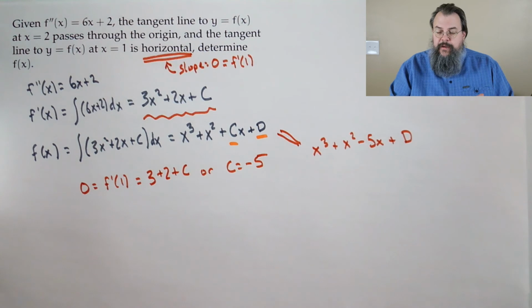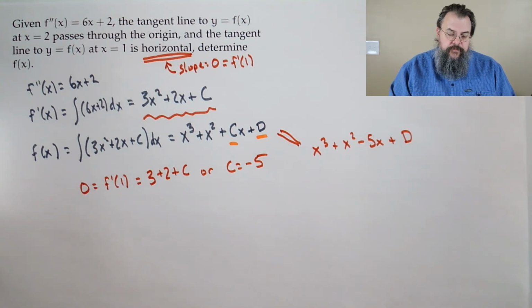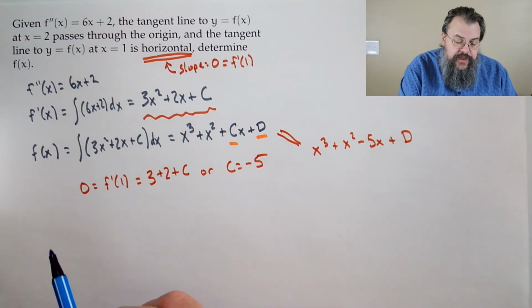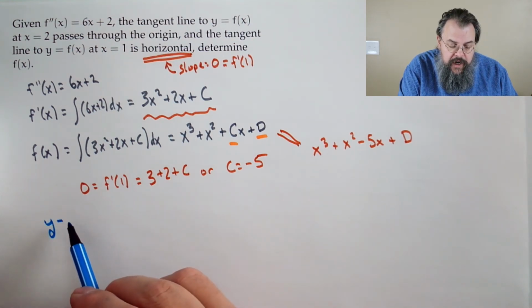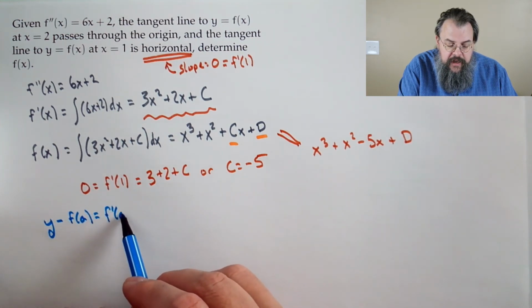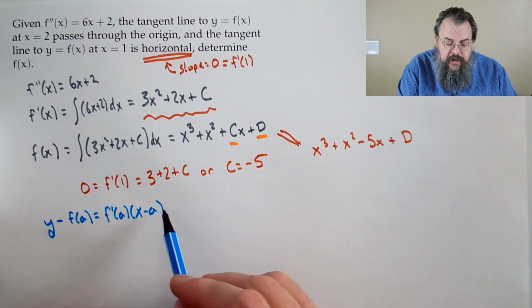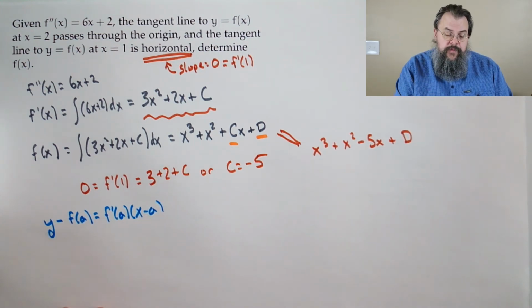Well, let's talk about our tangent line. What would that be? In general, our tangent line has the following form. So y minus f of a equals f prime of a times x minus a. So this is the tangent line at x equals a.